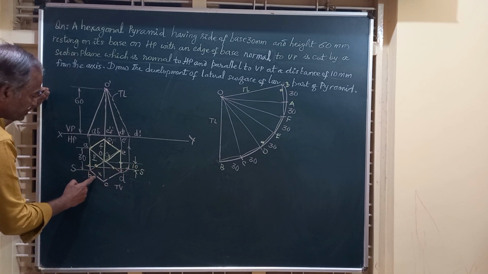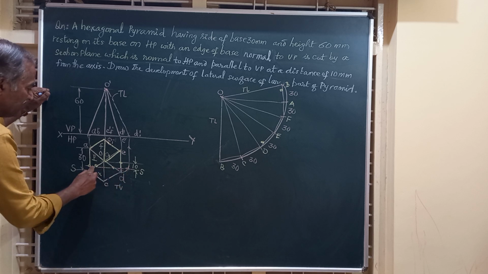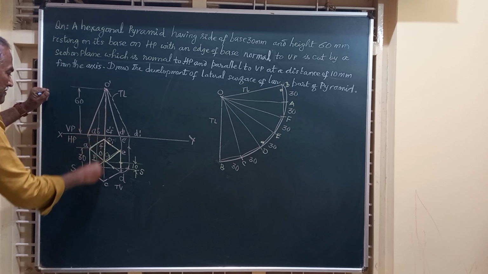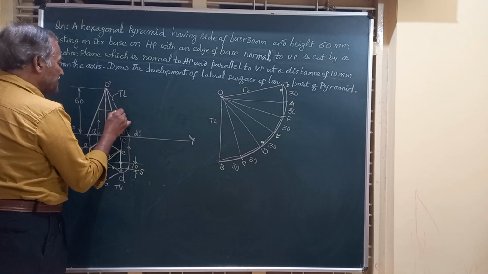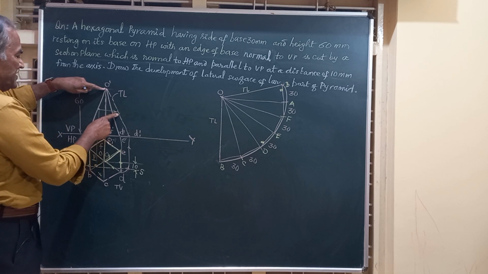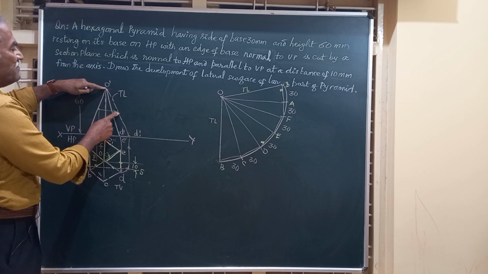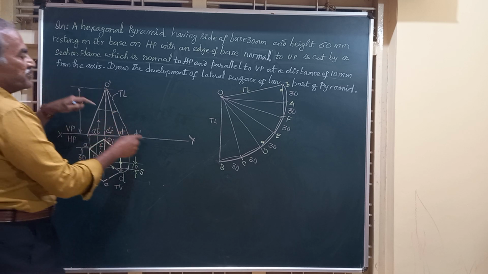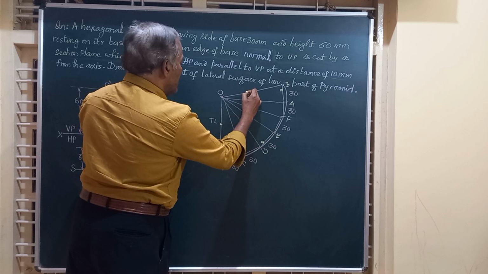Similarly, friends, you have the slant edge OB. Here the slant edge OB is cut. You can take a vertical line from here and transfer that to the true length line. This is the length on the true length OB where the section plane is cutting the solid. Make this measurement on OB, and again on OB here you will have the same measurement.